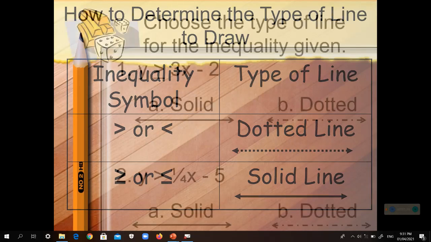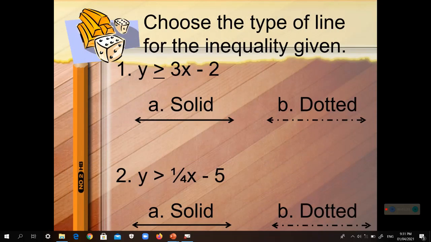Okay, so choose the type of line for the inequality given. In number 1, we are given y is greater than or equal to 3x minus 2. What kind of line are you going to use to connect the points for the graph of that given inequality? A solid line or a dotted line? Correct.